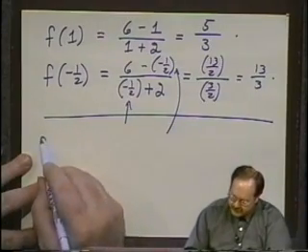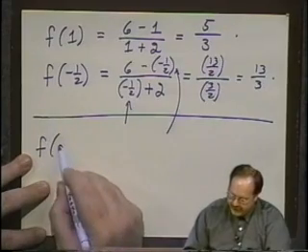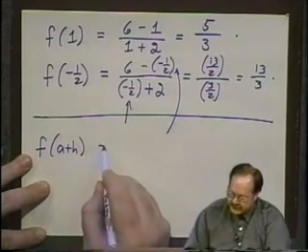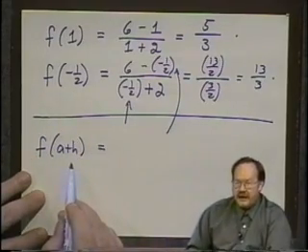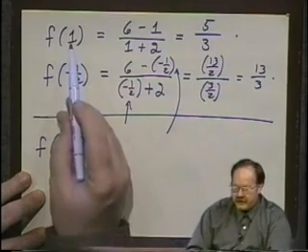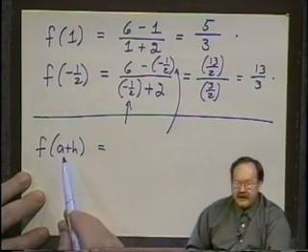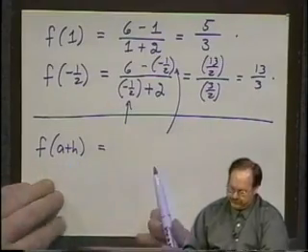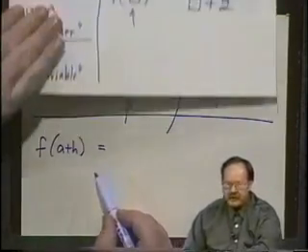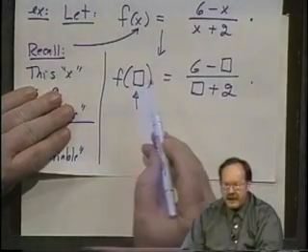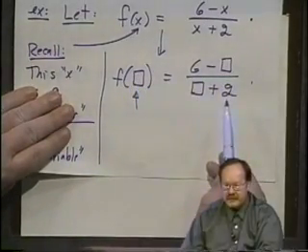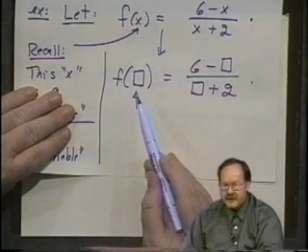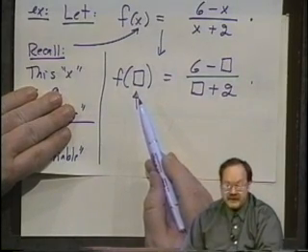Now let's look at another one that's a little different. F of the quantity a plus h. So the quantity in here has gotten more complicated. It's not a single number like these were. In fact, it's two numbers added together in letter form. Well, if I remember the function, let me bring it back again. F of box is 6 minus box over box plus 2. I am filling the box with a more complicated object, but it doesn't matter.